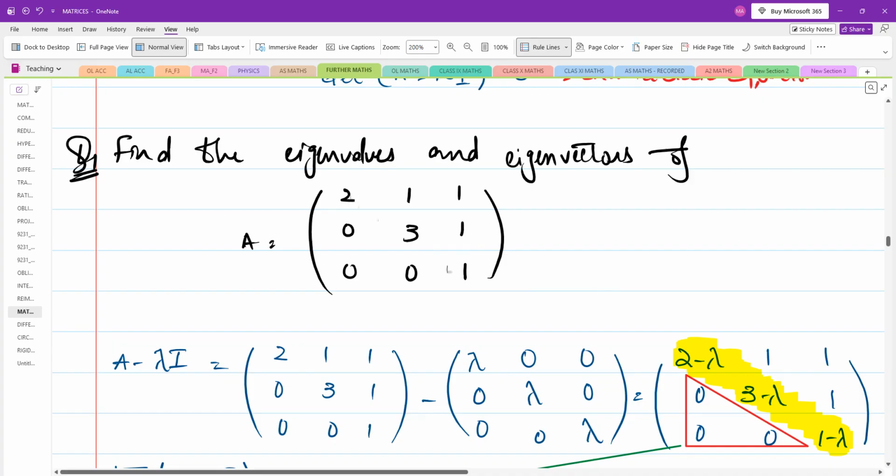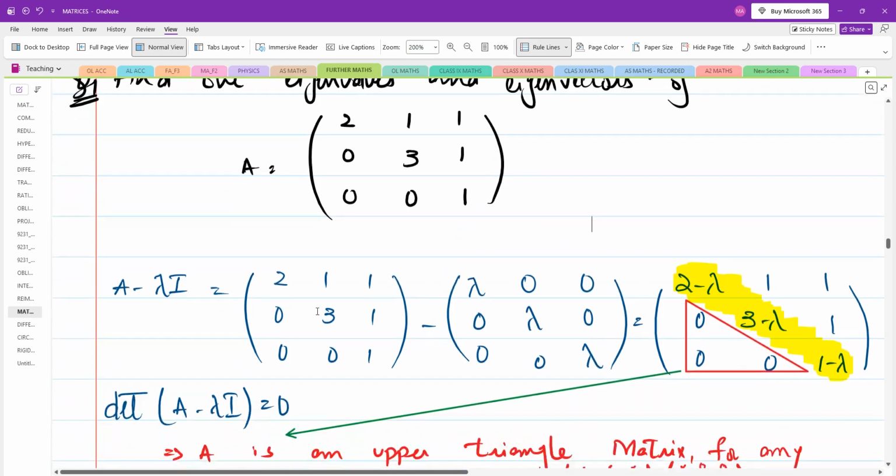Lambda will be subtracted from 2, lambda will be subtracted from 3, and lambda will be subtracted from 1. Essentially, A minus lambda times the identity matrix is A subtracted by the identity matrix with the ones replaced by lambda, which then results in this matrix.